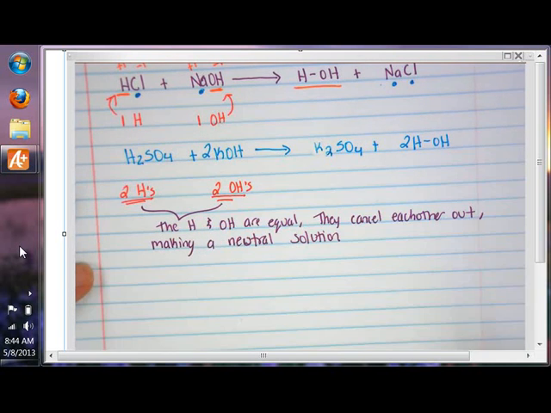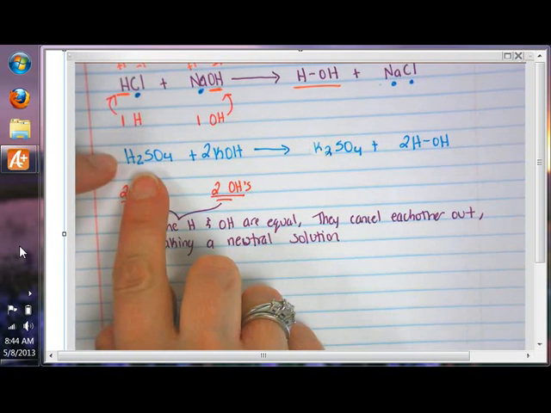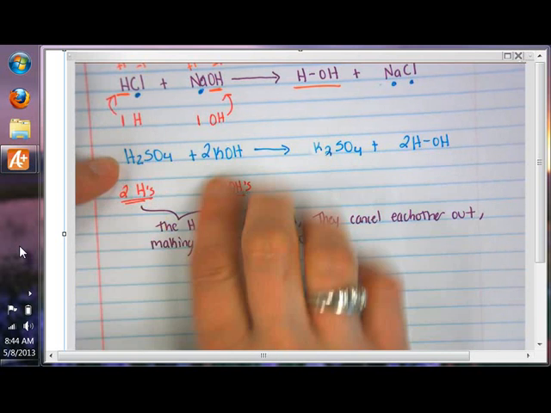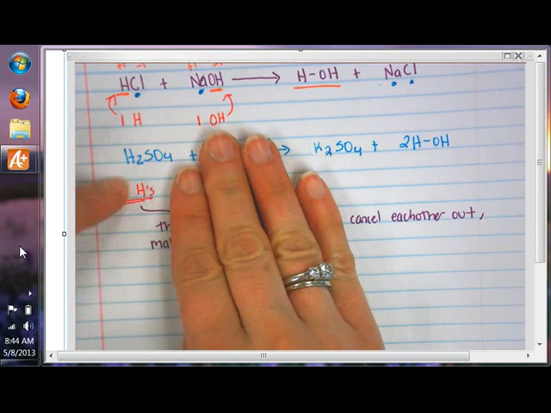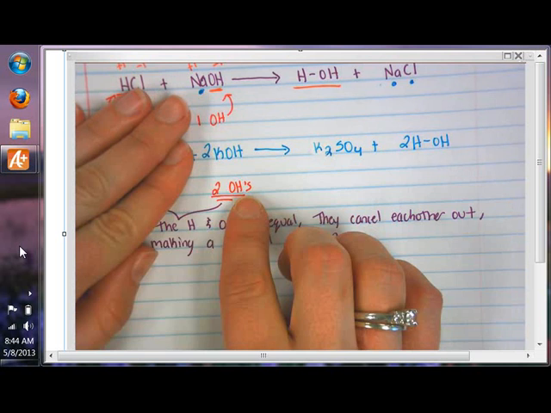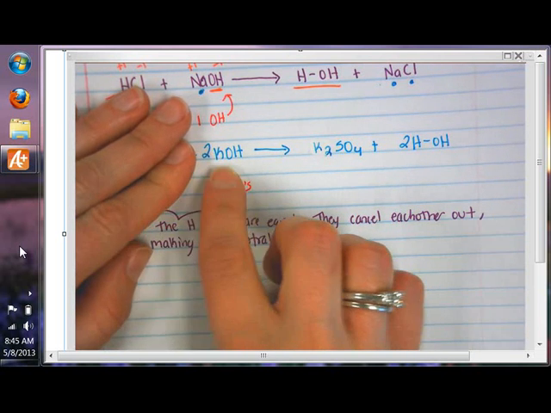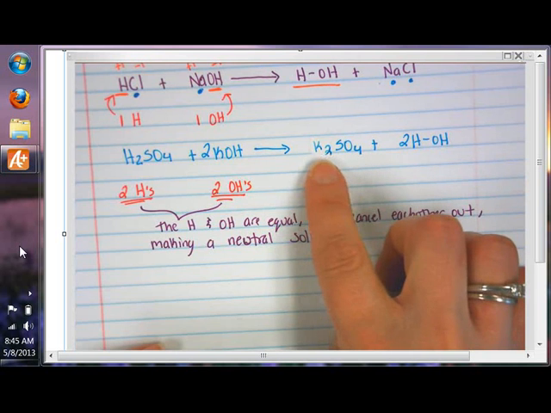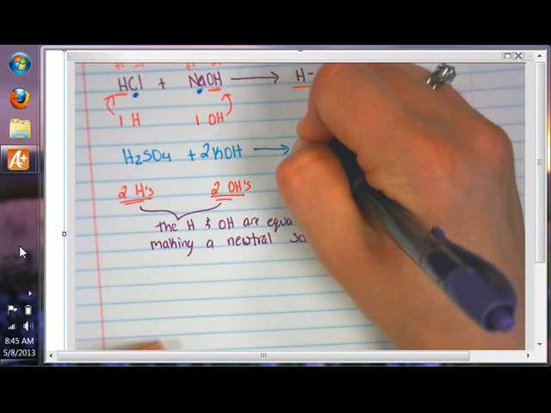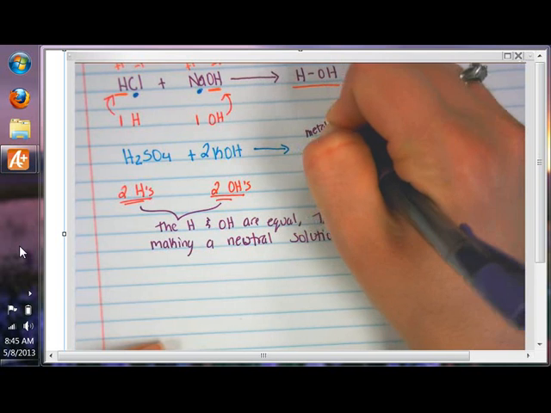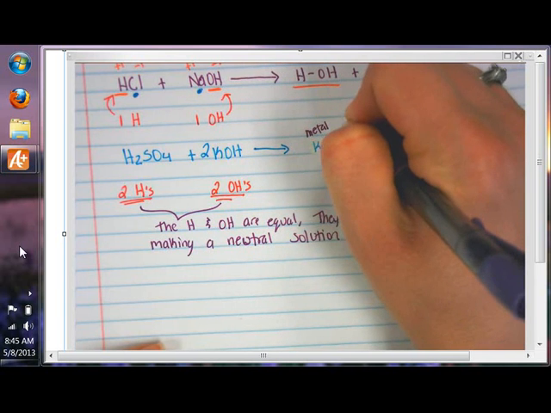So I started with 2 hydrogens, 2 sort of acid things, and I started with some hydroxide, some basic things, and I made a salt. Technically this is a salt because it is a metal and a non-metal, sort of. That's one of the definitions.